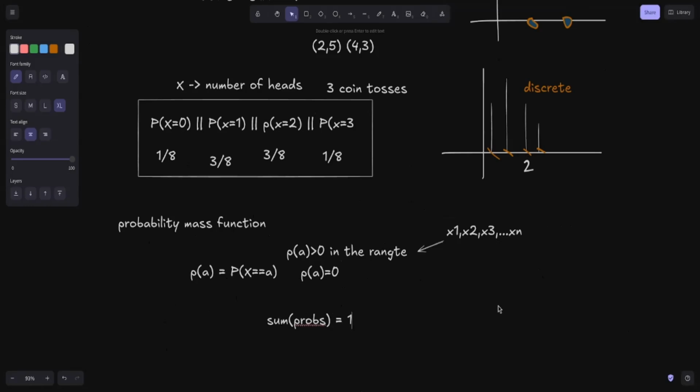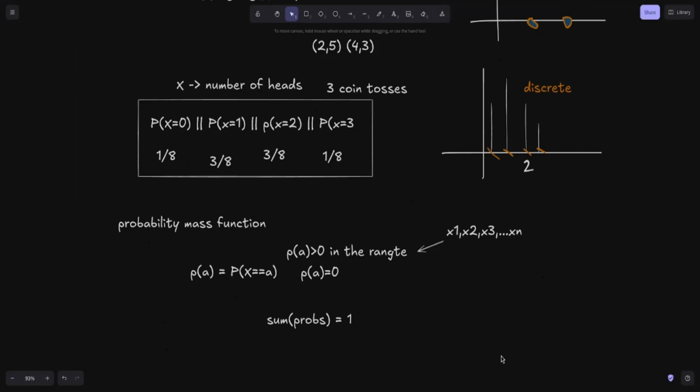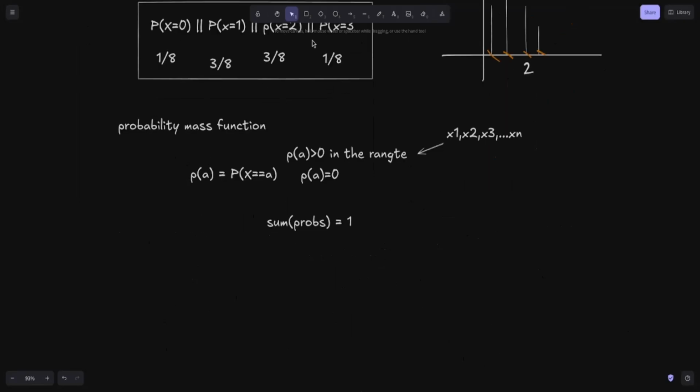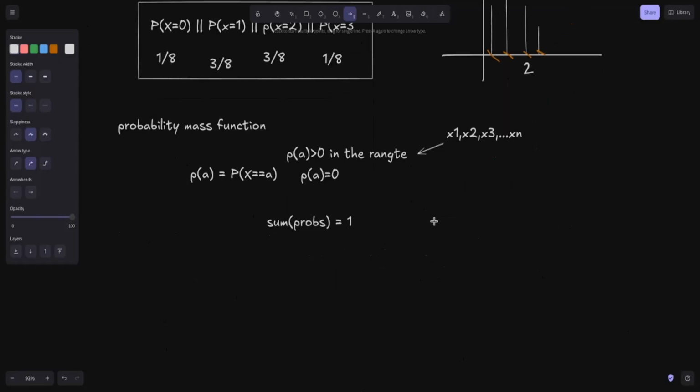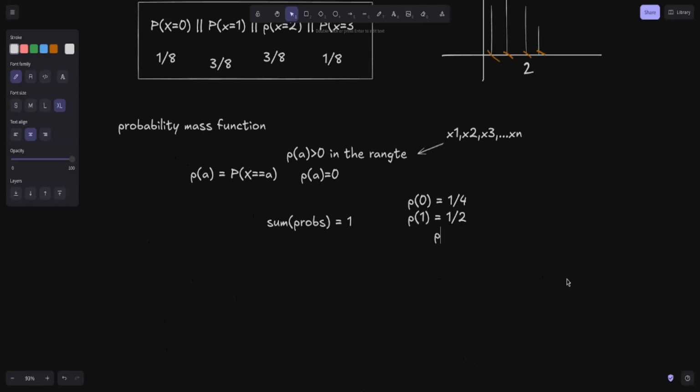Simple logic. So a probability mass function can be defined like this: let's say I have P of 0 to be 1 by 4, P of 1 to be half, P of 2 to be 1 by 4.